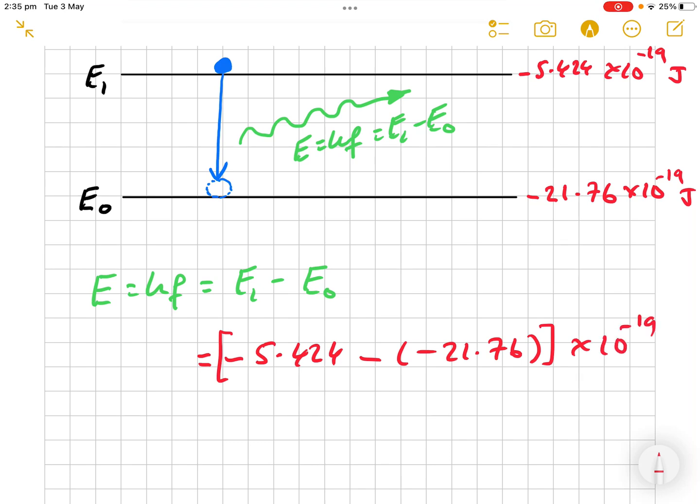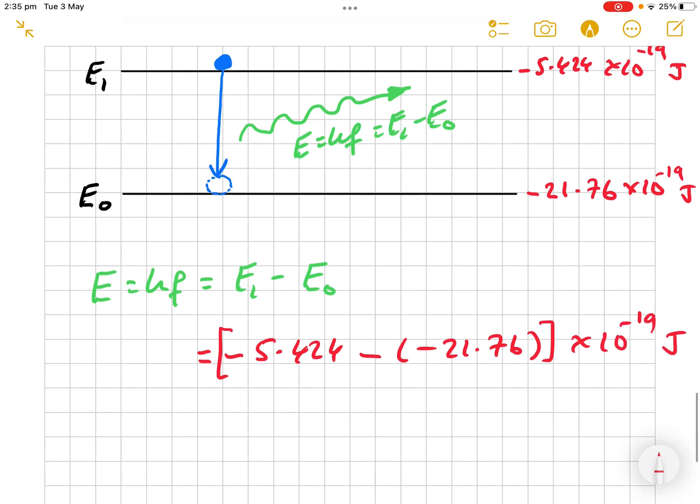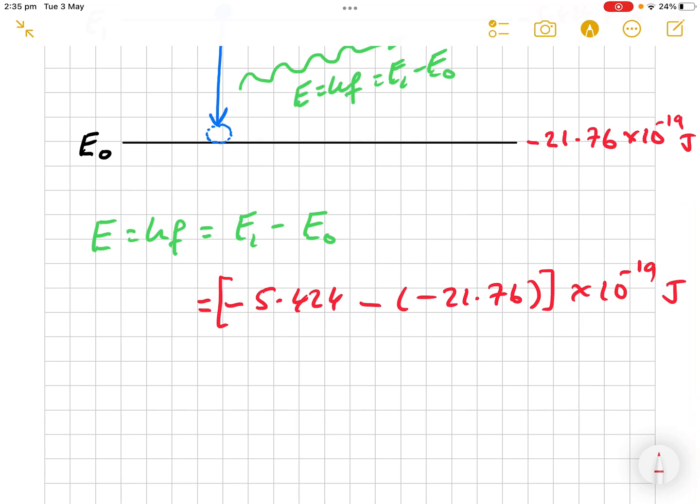And all of that, of course, is times 10 to the minus 19 joules. And when you do that, you'll get 16.3 to 3 significant figures times 10 to the minus 19 joules. So that's the energy of the photon that's released.